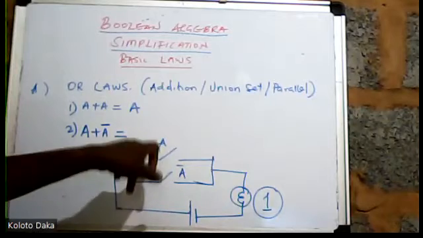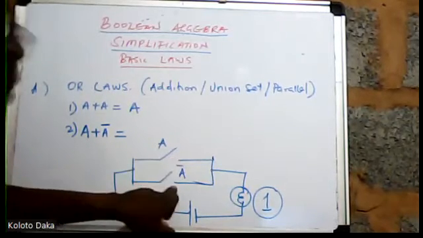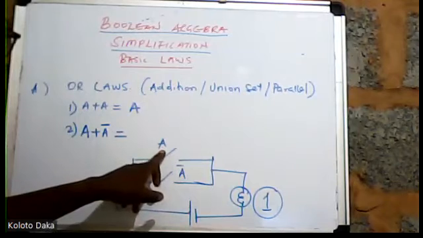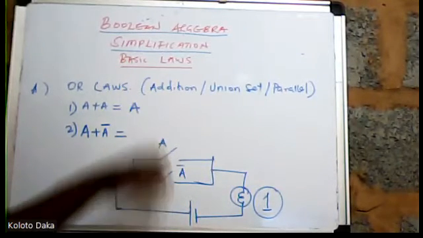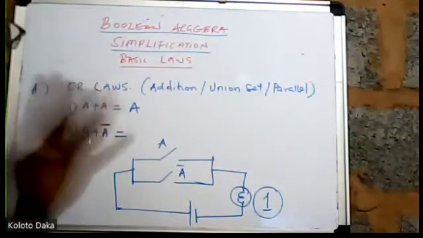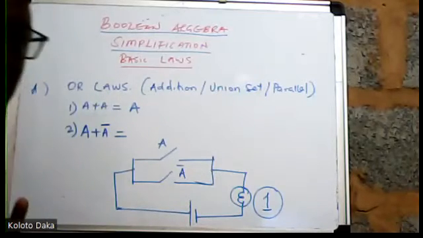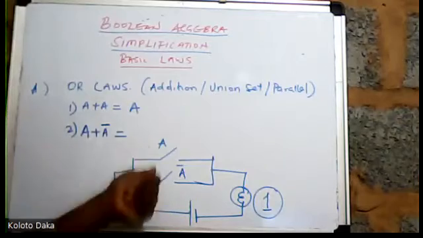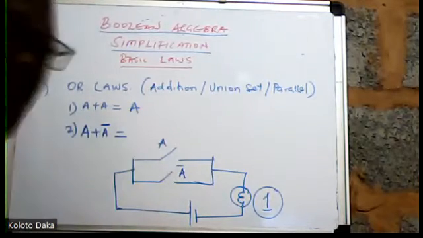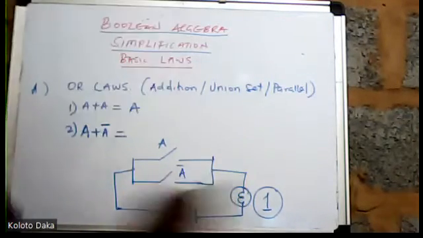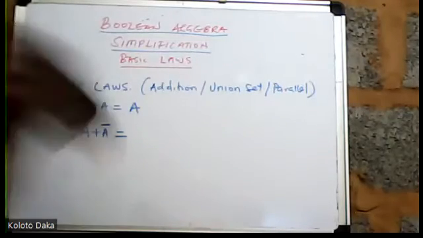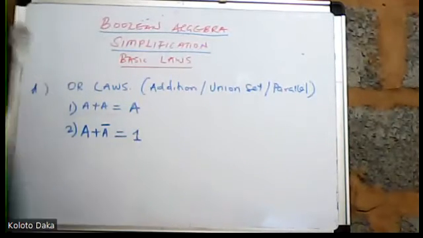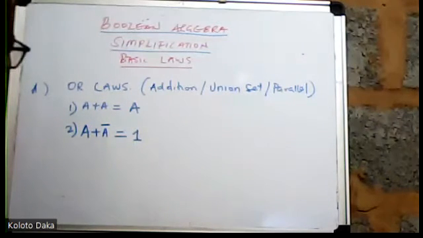Because when this one is closed, this one is open, and when this one is open, this one is closed. These two cannot be closed at the same time, and they cannot be open at the same time. It means that in every situation, one of the two is always closed. So A plus not A will always be equal to 1.